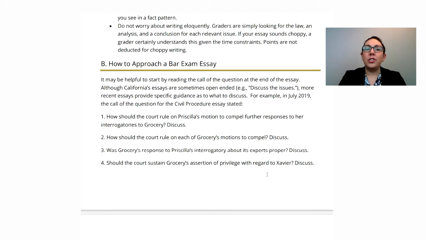Discuss. Number 2, how should the court rule on each of Grocery's motions to compel? Discuss. Number 3, was Grocery's response to Priscilla's interrogatory about its experts proper? Discuss. And number 4, should the court sustain Grocery's assertion of privilege with regard to Xavier? And discuss.